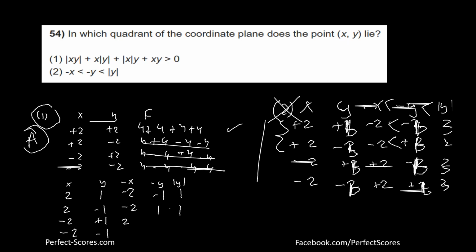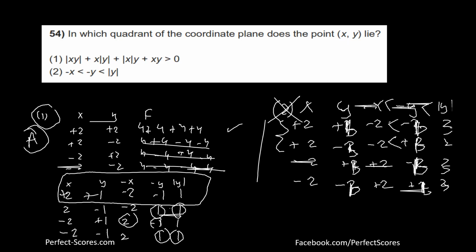This is positive 2. This over here is negative 1. This over here is 1. And this over here is absolute. So this is just 1 and 1. And of course, this is not going to work out here. So the only thing that is going to work out is here, that is both are positive. So they are sufficient. That means D is the answer.